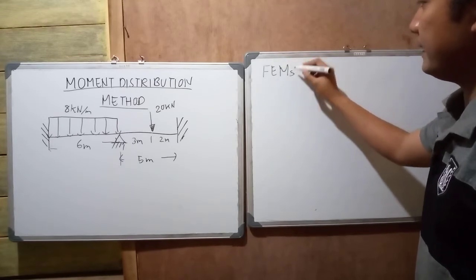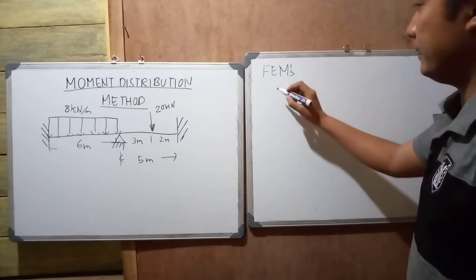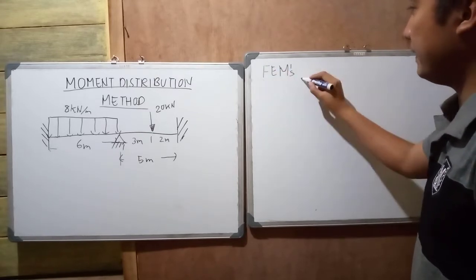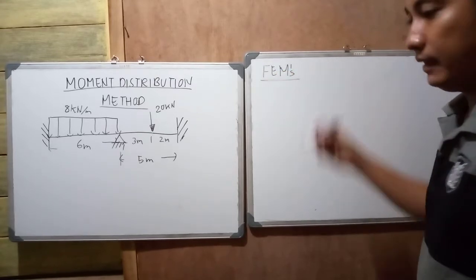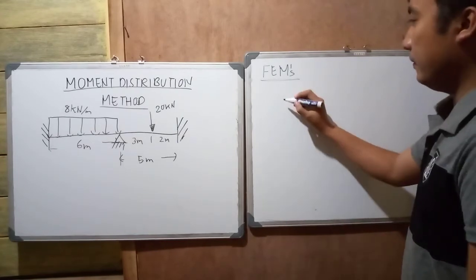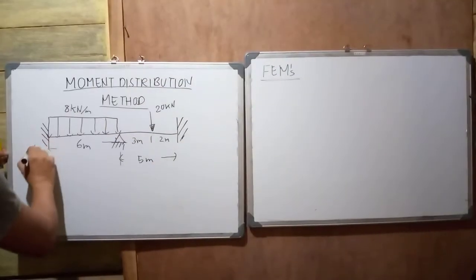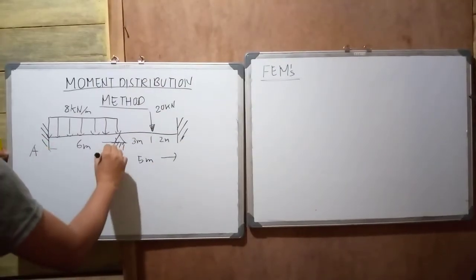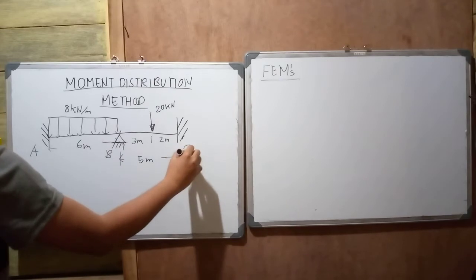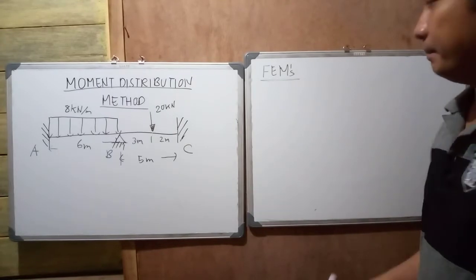This is the first step that I mentioned. When we say FEM, this is it, or fixed end moments. Okay? Sorry, I have not labeled it yet. So, let us say the beam is ABC.